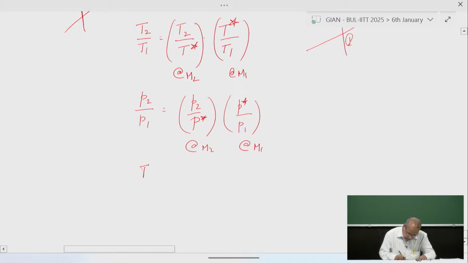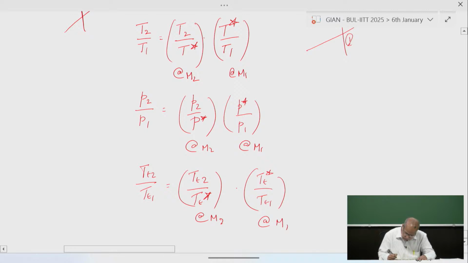So then I can write here TT2 by TT1 is equal to TT2 by TT star at M2 into TT star by TT1 at M1.